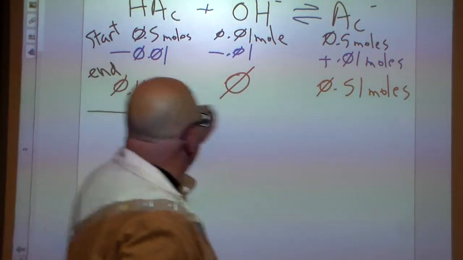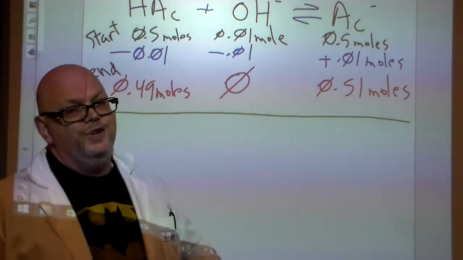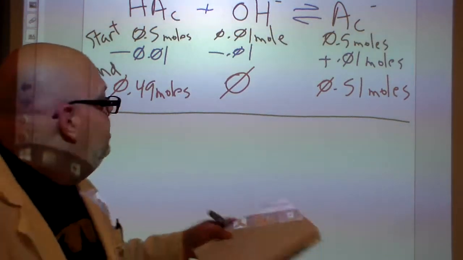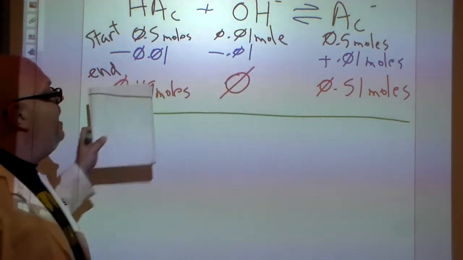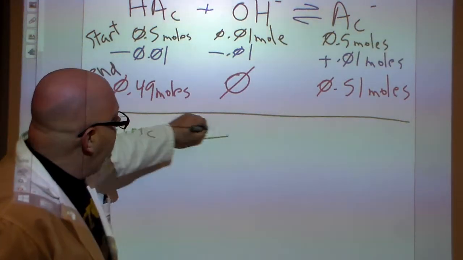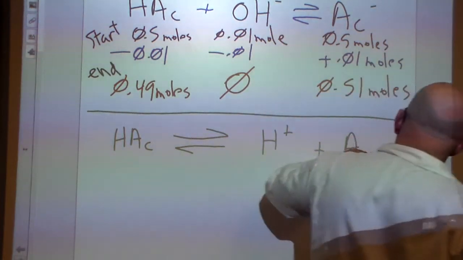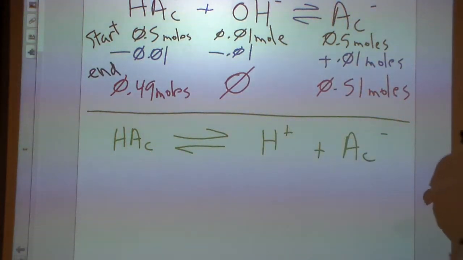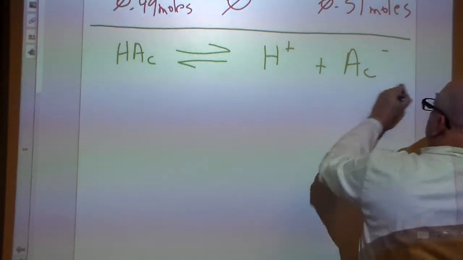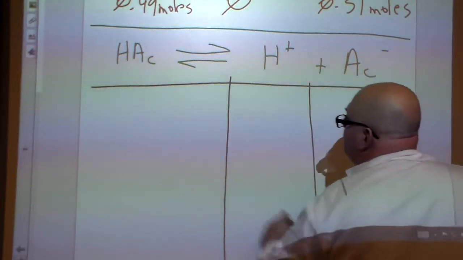Because now we can do our ICE table again, because now we have new concentrations. The OH doesn't matter at this point because it's gone, but it has done its damage here. So let's go ahead and do our ICE table again.